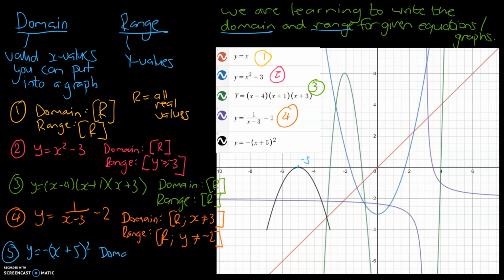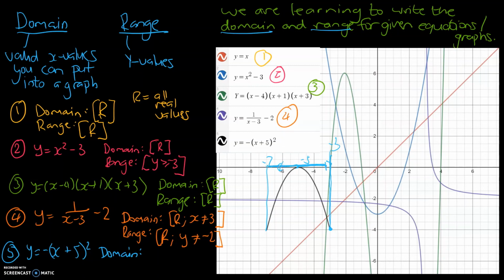Let's start off with our domain. So our domain, let's go left here, also to the right, and we actually stop. Our graph mathematically stops, and we've probably artificially done this. And that appears to stop at -3. And if we go in the other direction, that appears to stop at -7.